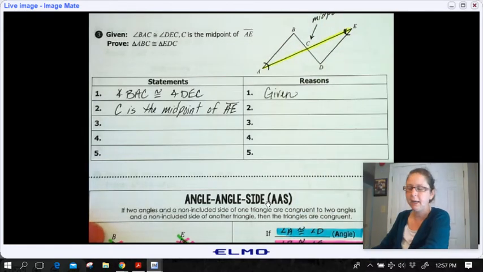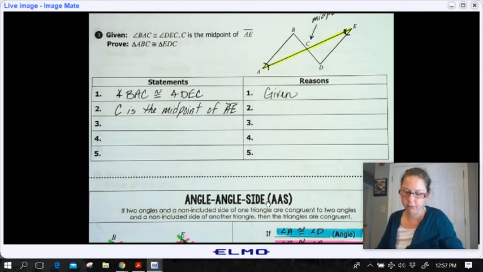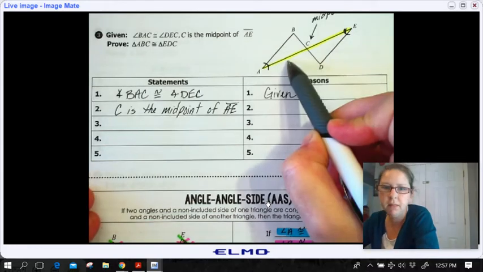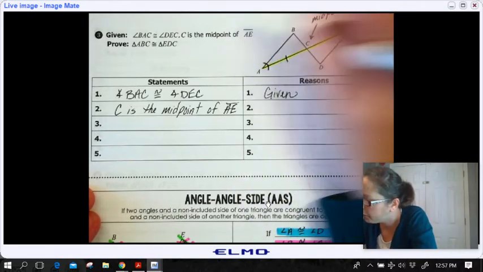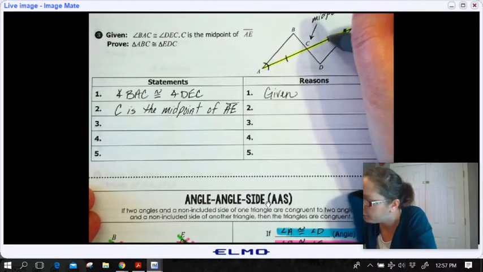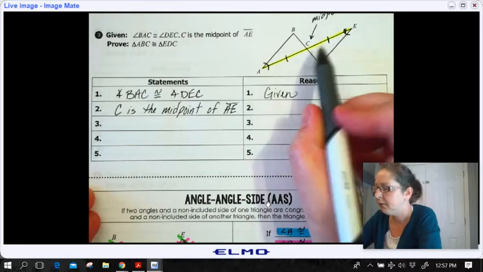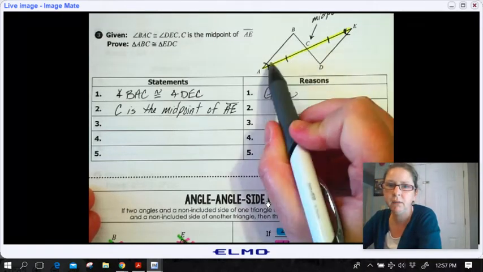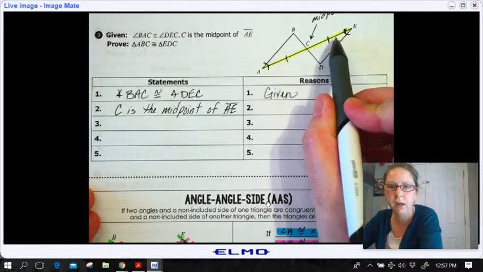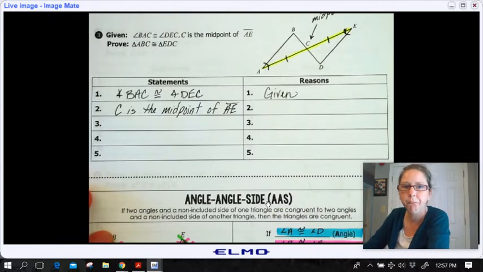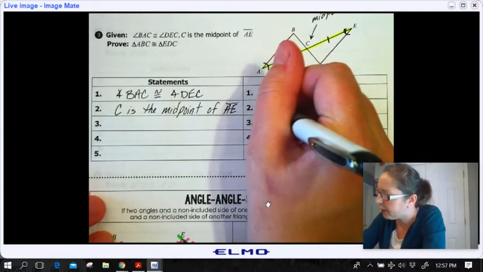So what can I say next? Well, I could say that this side of this line is congruent to this side of the line because the midpoint cuts this line into two equal side lengths. Oh, I forgot to write this was given.